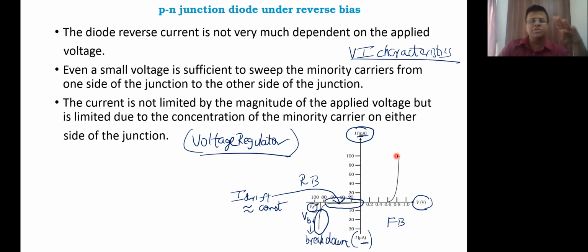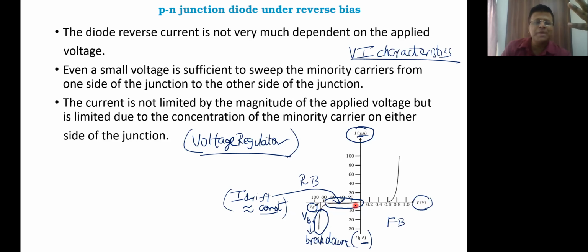So there are four observations in total that we have made here. One is that in the reverse bias state, the current remains constant, or the drift current is constant, in spite of increasing the reverse bias voltage. And the reason for this we are already aware of.